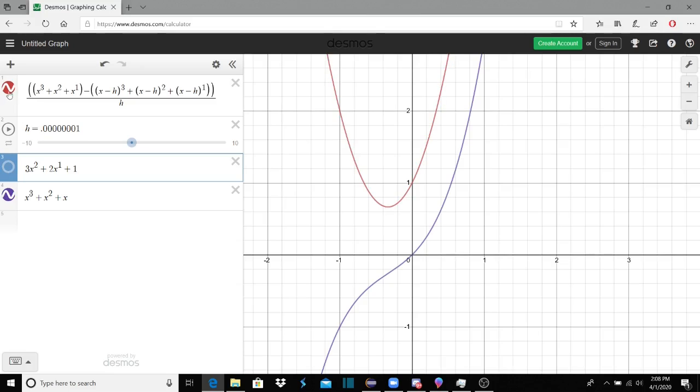Check that out. They're basically equivalent if you keep pushing h closer and closer to 0. It singles out the answer. It's very nice that way. I like how that works out. So, yeah, there you go. So we've computed a polynomial derivative just by setting h to a very small value. This is the basic concept of this whole situation.